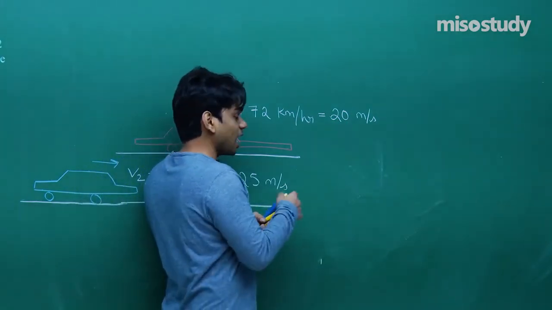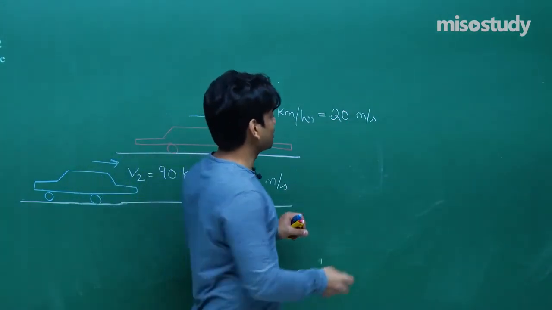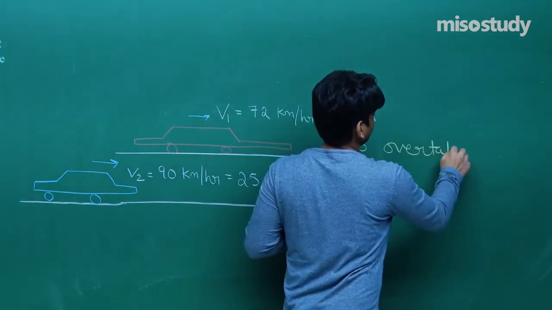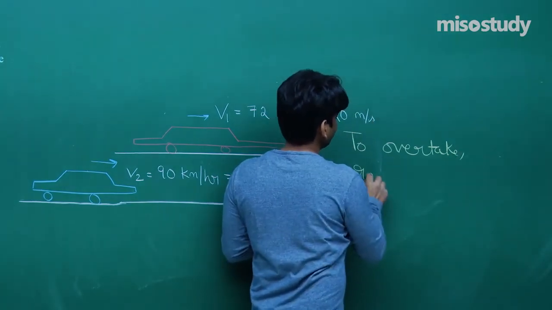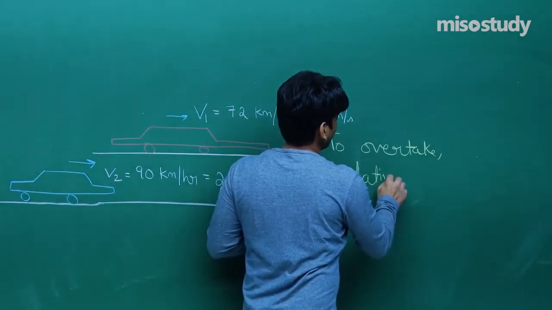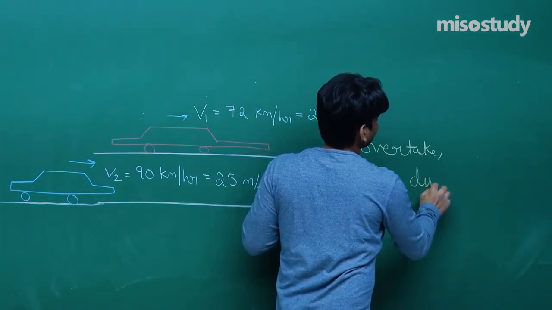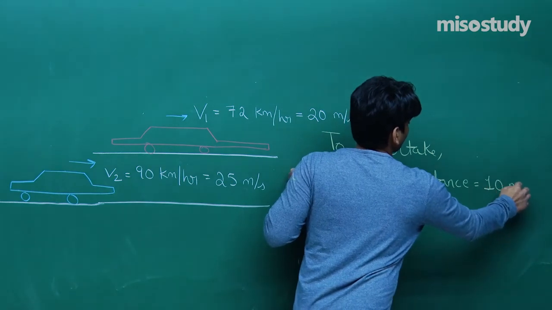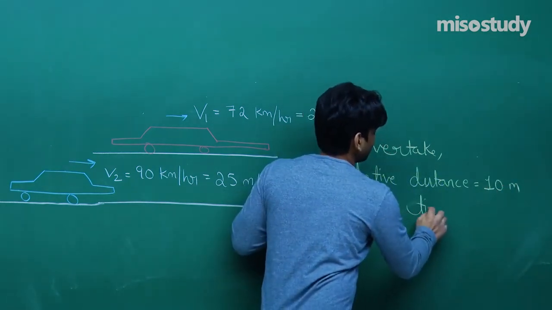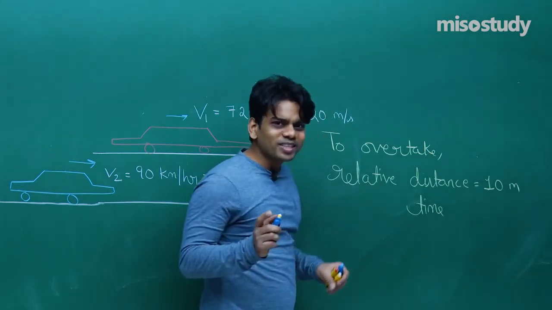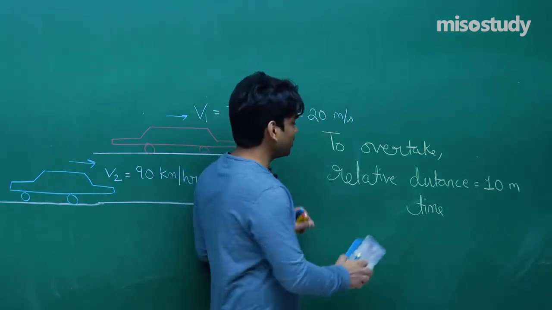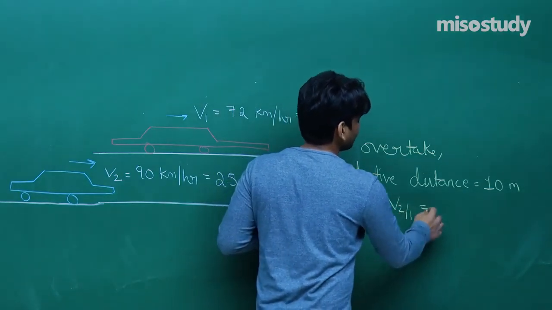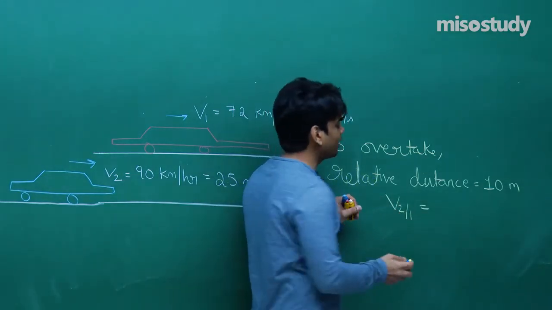So to overtake, I am talking about relative distance, not the actual distance. To overtake, relative distance traversed will be 5 plus 5, that is 10 meter. So time taken, and before doing that, can I write the relative speed of 2 with respect to 1? So velocity of 2 with respect to 1, quite easy, 25 minus 20, that is what we have to do.